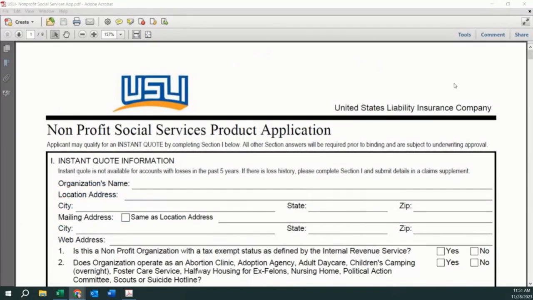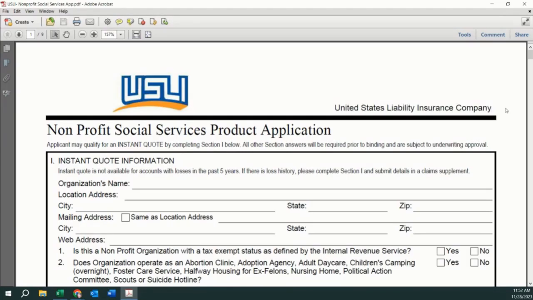So moving on to nonprofit social services insurance. This is a carrier called the United States Liability Insurance Company. Now, you cannot go directly to this company. You have to go through a broker who has a relationship with them.